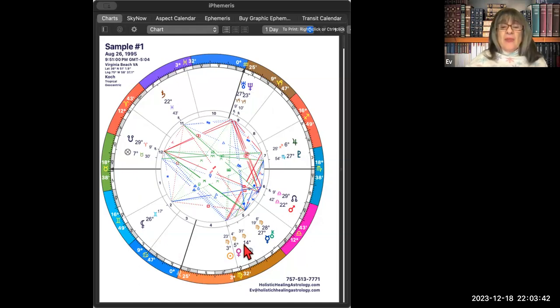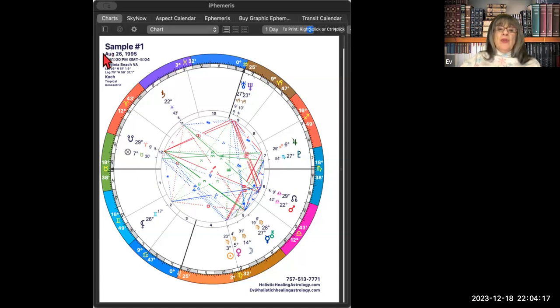You can't do aspects. You can't make accurate interpretations without the aspects, and you can't relate it to forecasting or what is going to be the influence of current planetary positions. You see? So here is your sun right here. This sample number one's sun is in this spot.